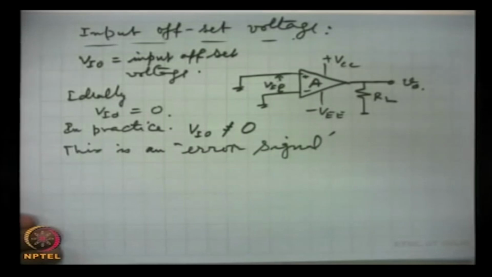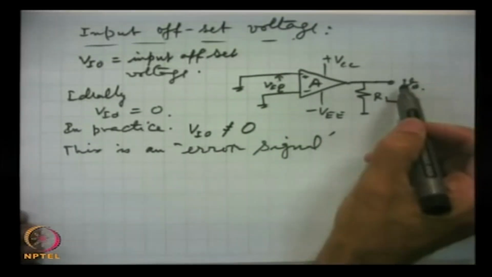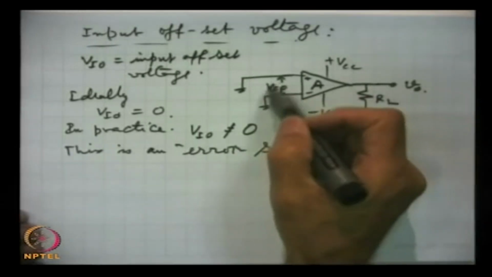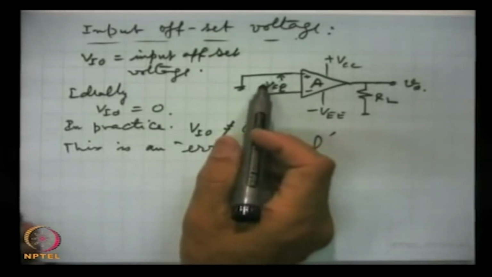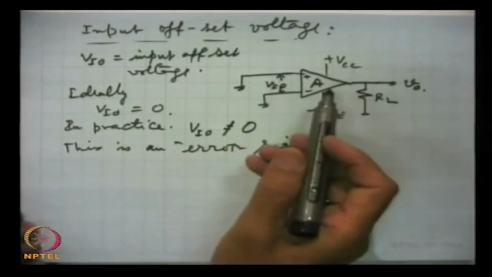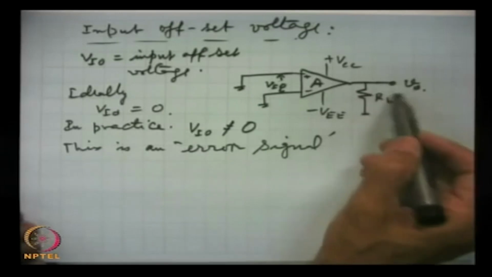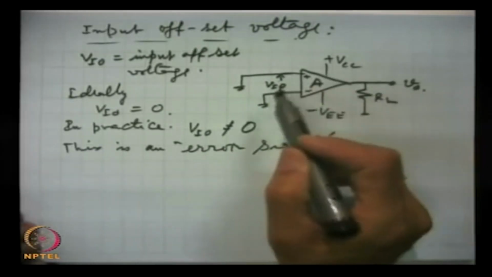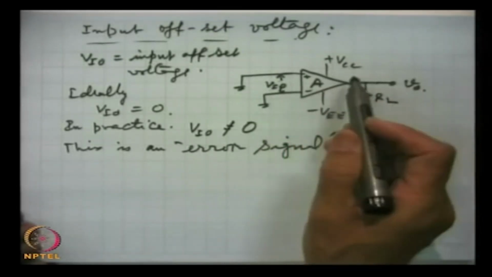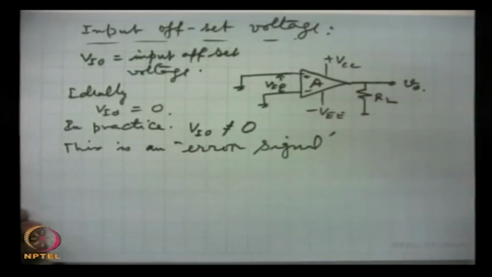We have to correct it, because an output will exist in the absence of any input signals, and when input signals are applied, they will be amplified, and this will be in addition to the actual signals which we expect. So, this error voltage is to be taken care of.